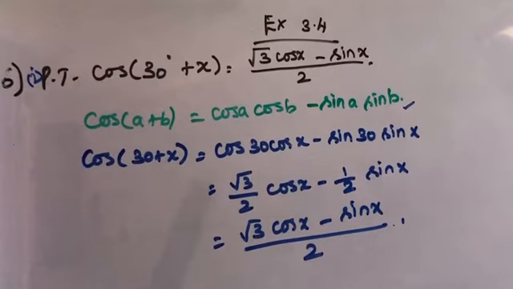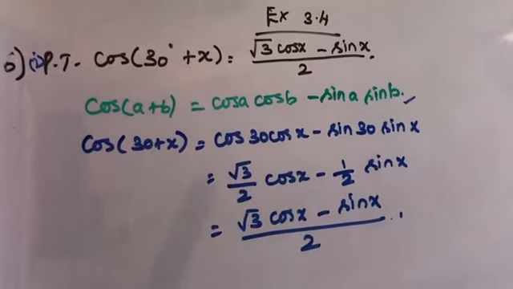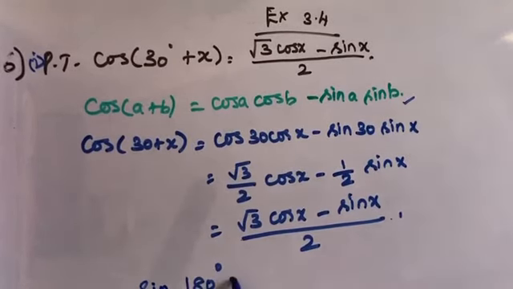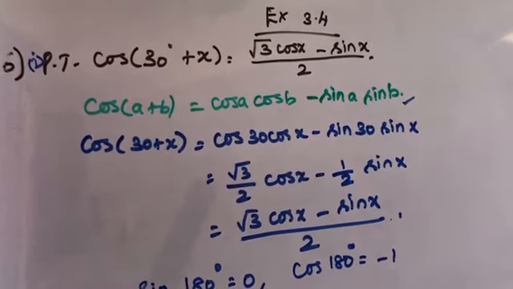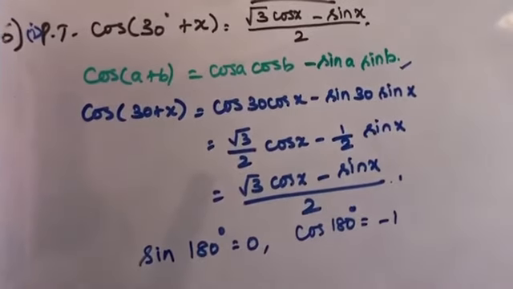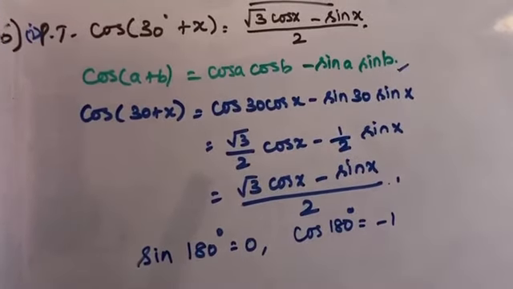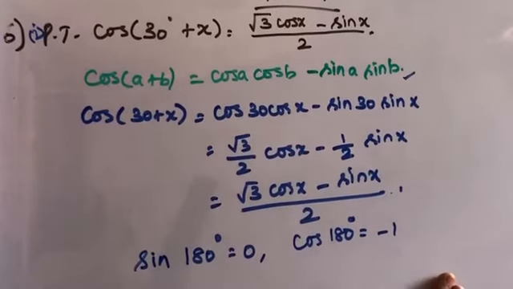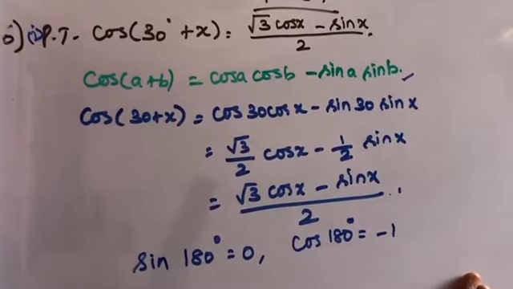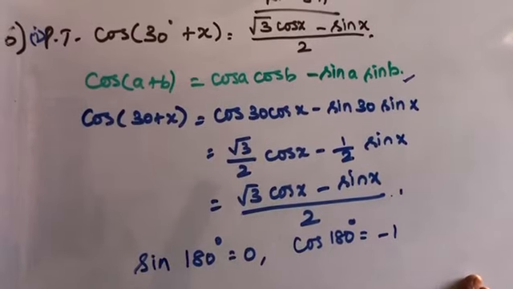But before doing that, I will give you an important value. Sin 180 degree is equal to 0 and cos 180 degree is equal to minus 1. This is very useful to you. As you know all the trigonometric ratios for 0 degree, 30 degree, 45 degree, 60 degree, 90 degree, for everything you know the values.